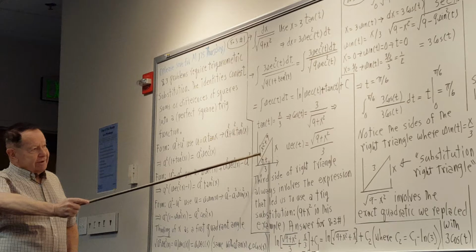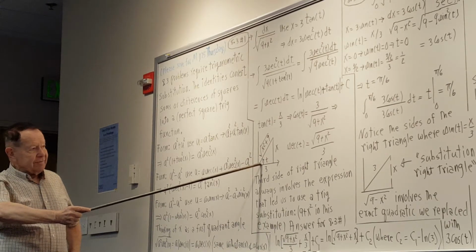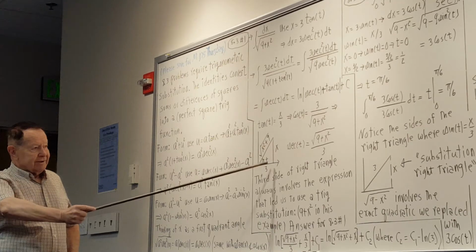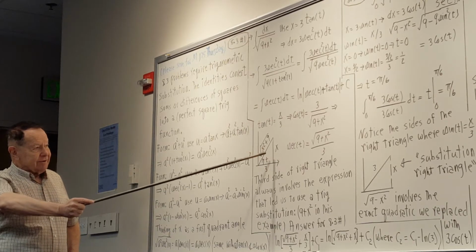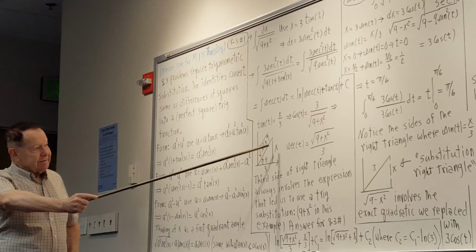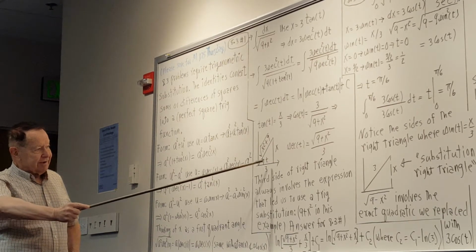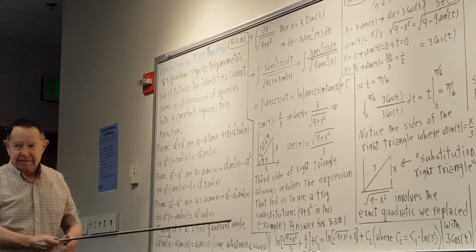Well, in your right triangle, if you put your angle down here in the corner, your tangent is side opposite over side adjacent, right? Right triangle trig. So then that means if x is here and 3 is here, your tangent of t is x over 3.